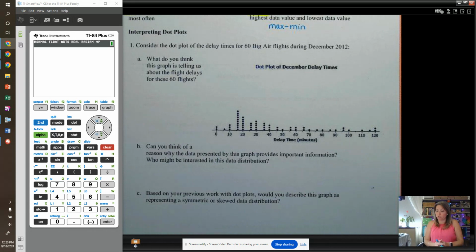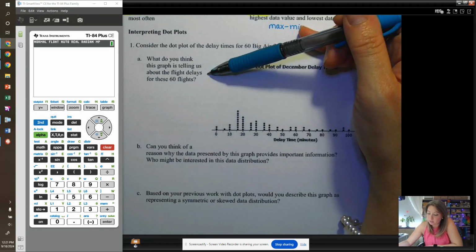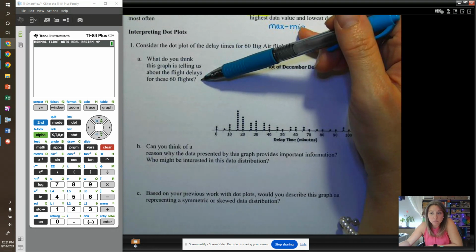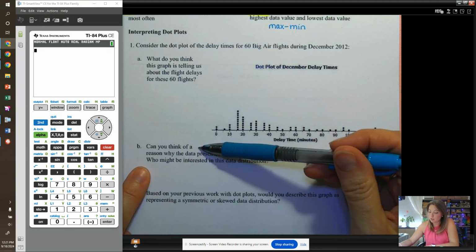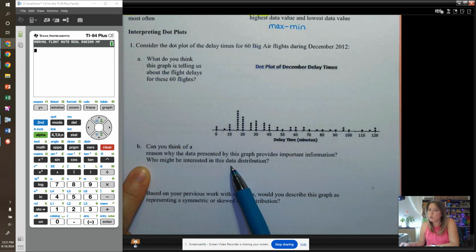Okay, so let me read them first. What do you think this graph is telling us about the flight delays for these 60 flights? Okay. Can you think of a reason why the data presented by this graph provides important information, and who might be interested in this data distribution?